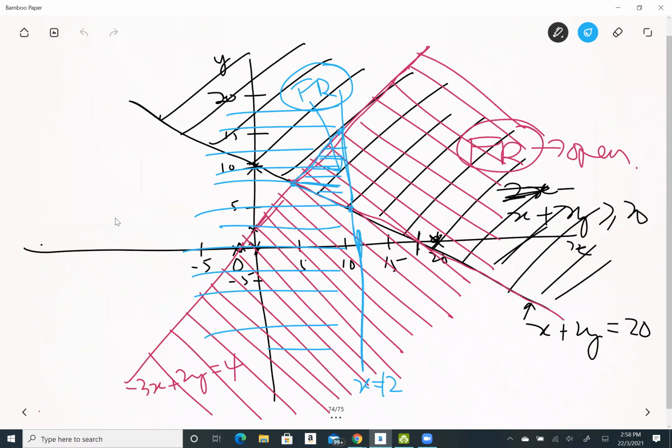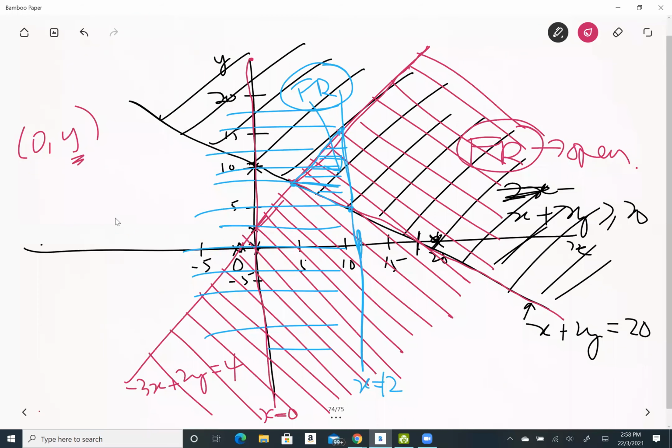X equal to 0, where is the line? The vertical one, sir. Is it the vertical or horizontal? The vertical, okay? Vertical. Y-axis. Okay, this is all the points x equal to 0. Okay, x equal to 0 meaning x is 0. y can be all the values of y. So that will be the line. Okay. So this is x equal to 0, the y-axis.